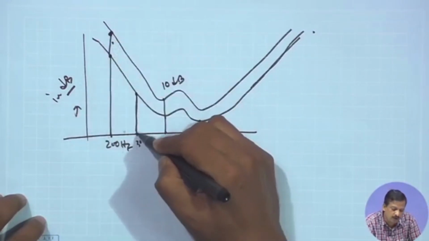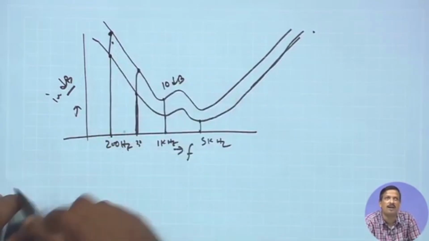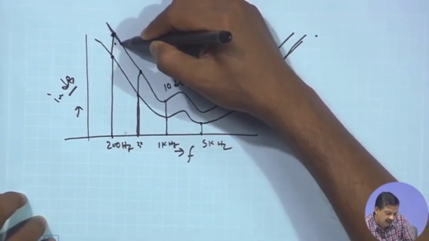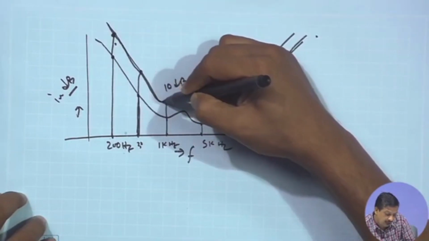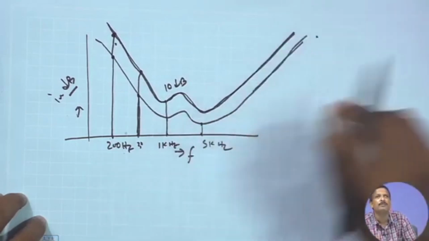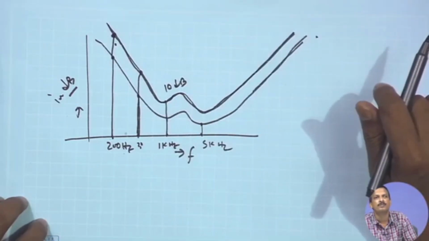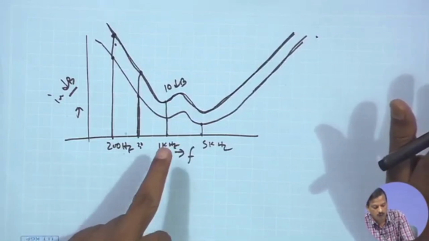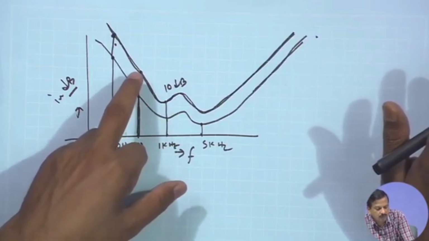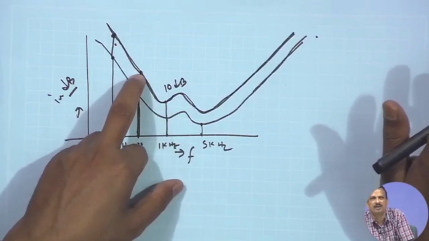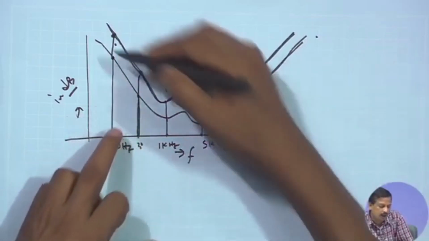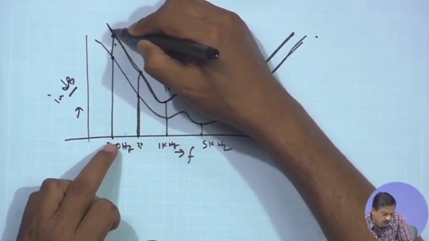To perceive the 300 hertz signal, I require larger intensity, but along this line the loudness which I perceive will be the same. Maybe 1 kilohertz at 10 dB, 300 hertz maybe at 20 dB intensity, but the loudness of the sound I perceive will be the same.